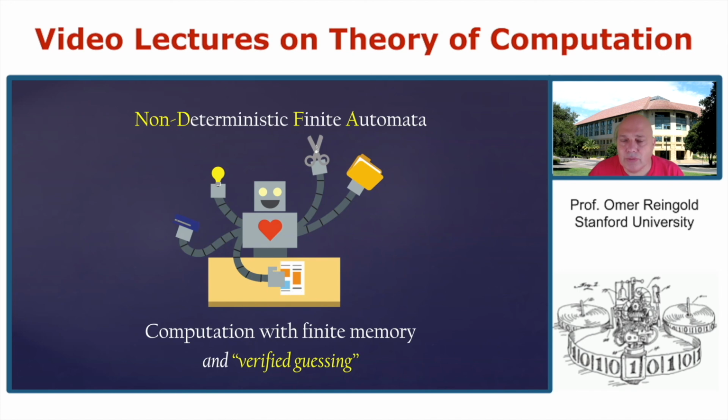And what we show here is that non-determinism doesn't add power for finite automata, which will be different than what we'll see for Turing machines at some point. But we'll discuss what exactly this means at the end of the video. So still, although we define here computation with finite memory and we give it much more power, we don't get anything in return.